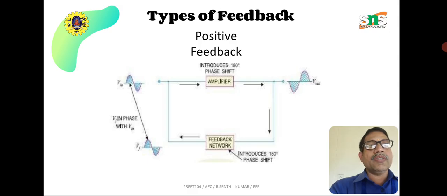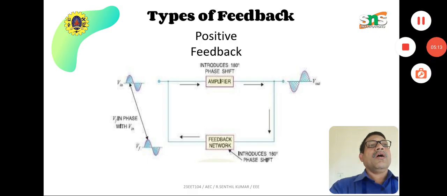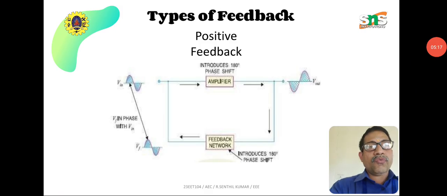Now let me see the negative feedback of an amplifier, in the next video series. Before going to that, between both the amplifier and the feedback network, there will be a 180-degree shift, right?